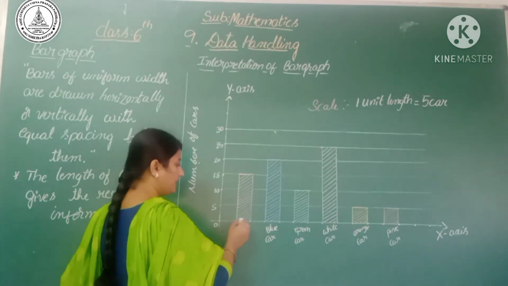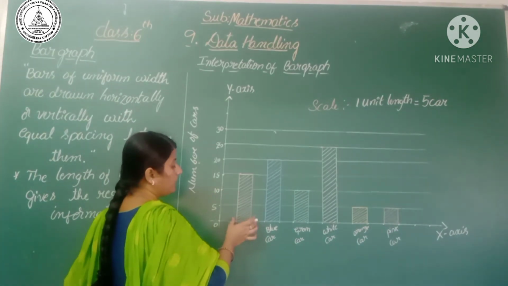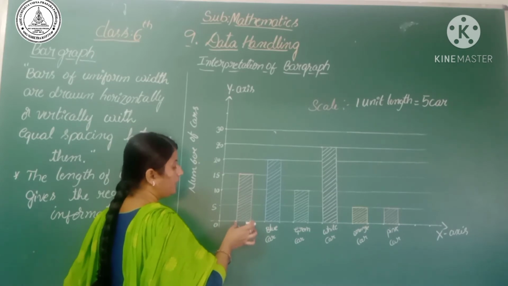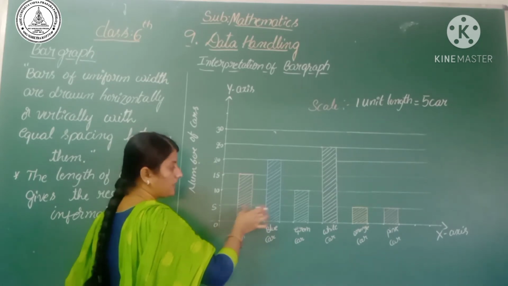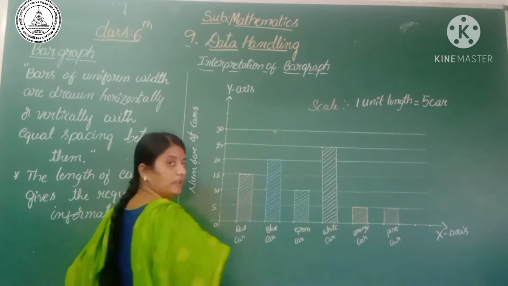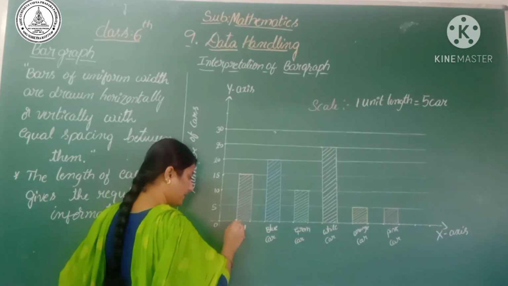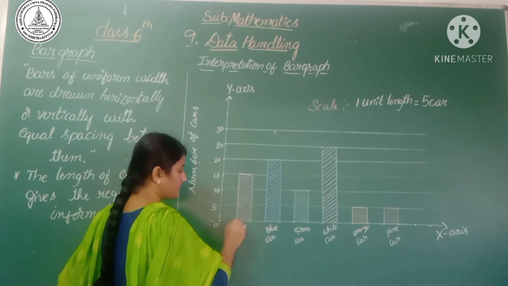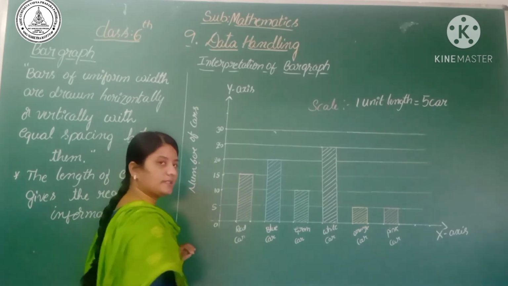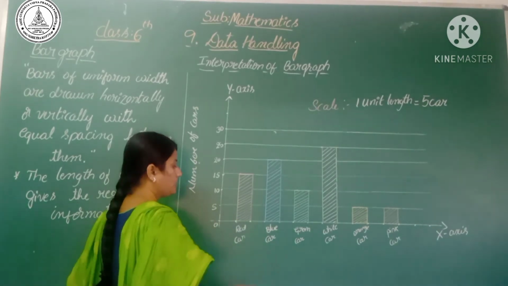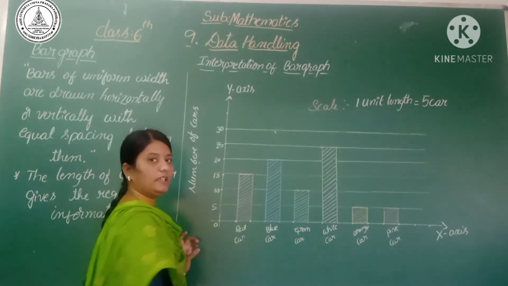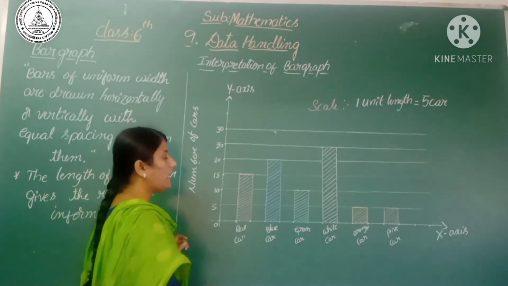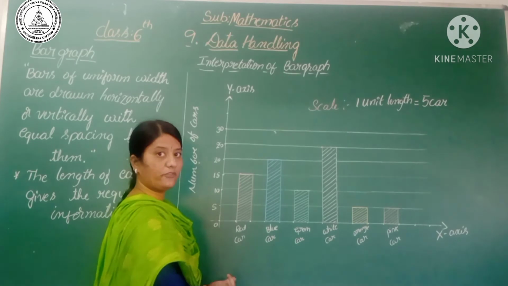You may see here that the widths of the bars are the same. The distance between 0 and the first point and the distance between the second point are also the same. So it is called equal width, or uniform width, the same width.